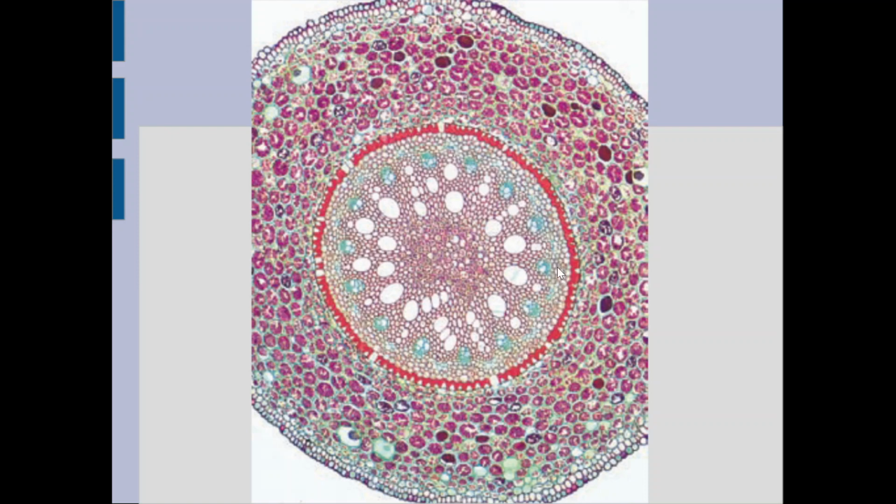So the stela is larger, and this is xylem, this is phloem, and they form around rather than centered.